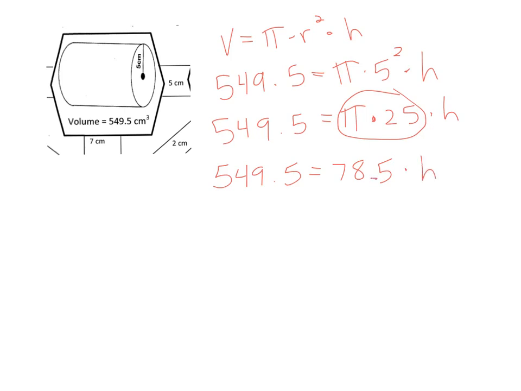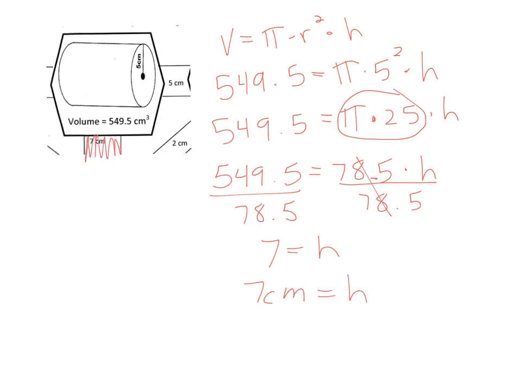Now we need to get height by itself, so we're going to divide by 78.5 on both sides. And so using my calculator, I've got 549.5 divided by 78.5 gives me 7. So 7 centimeters is our height. So we are going straight downwards.